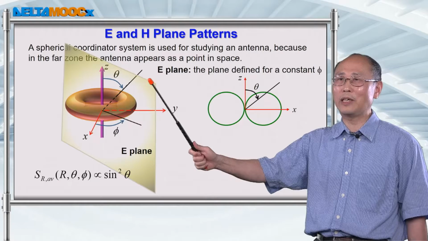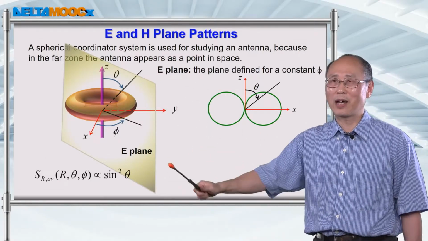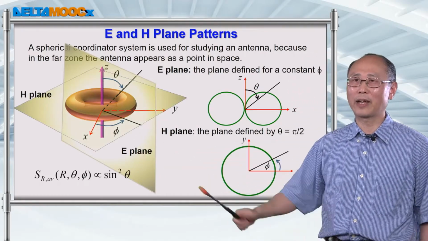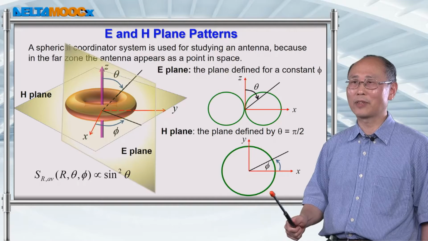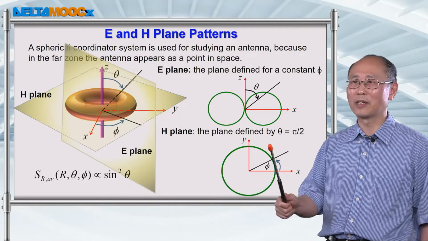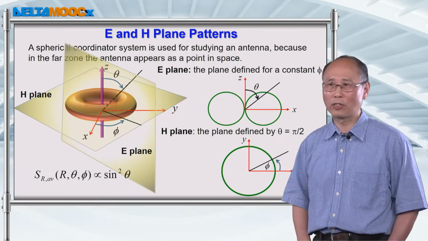And we call this the E-plane pattern of the radiation. But if we cut this donut with the horizontal plane like this, then you're going to have this radiation pattern. We call this the H-plane pattern. And this plane is defined by theta equal to pi over 2.